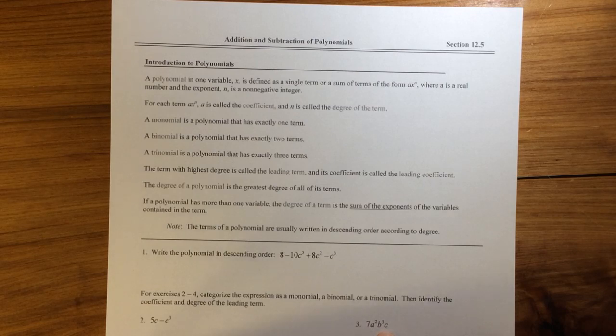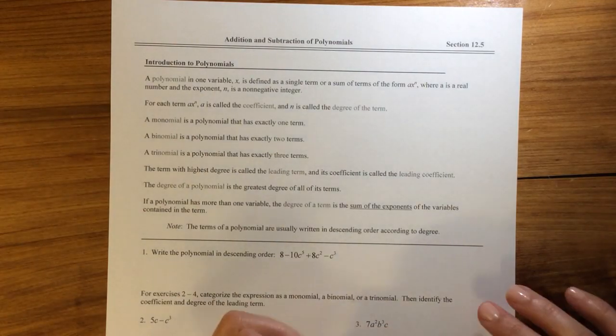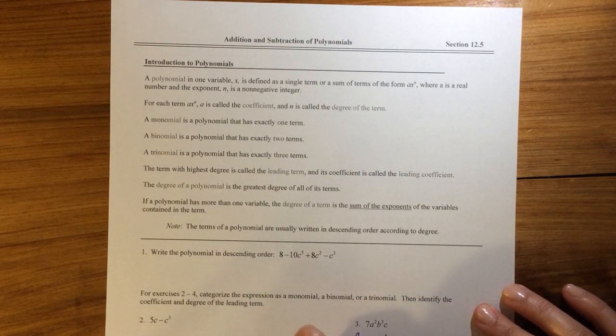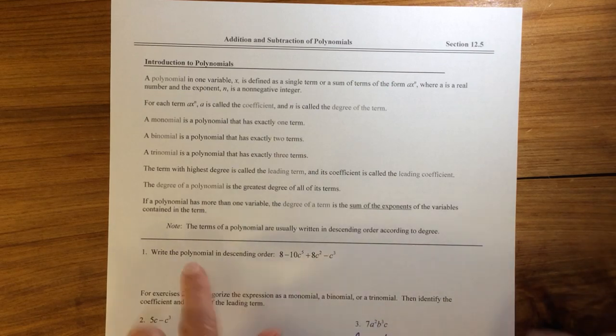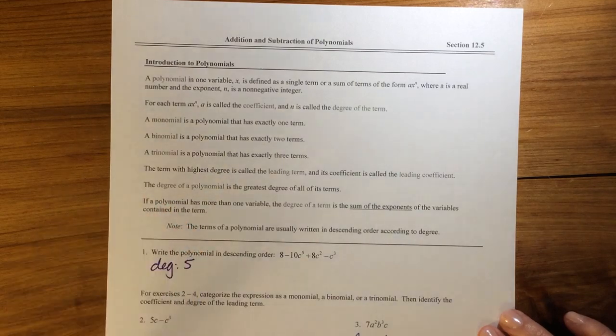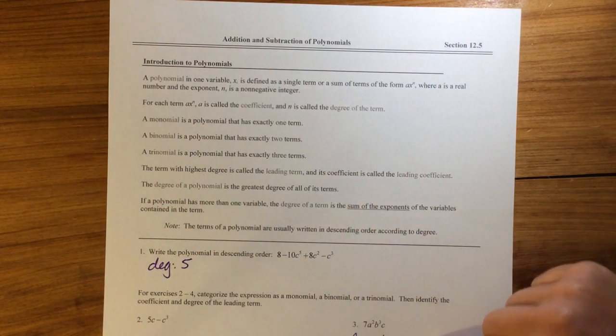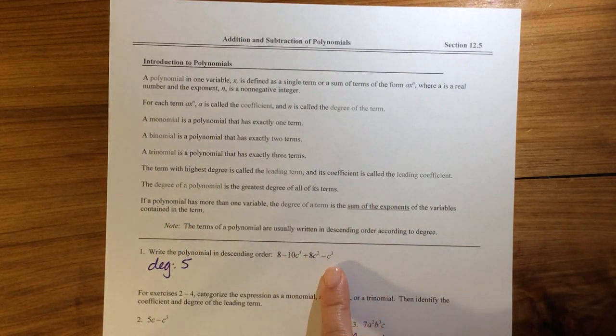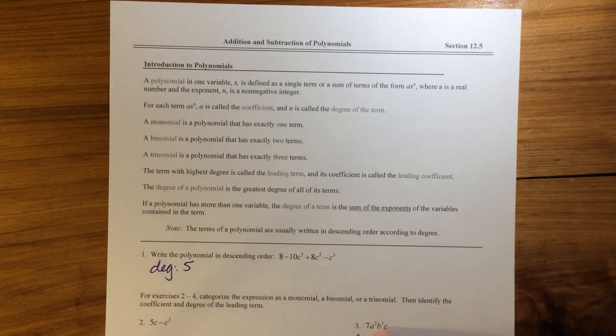Then here, it's the sum of the exponents of the variables contained in the term. Then we would call this a degree of 2 plus 3 plus 1, which is 6, okay? So this would be a degree 6, whereas we've talked about already, for 1, this is a degree 5, because what's the difference? One variable across the board, all c's, 3 different variables across the board. Hopefully you see the difference.